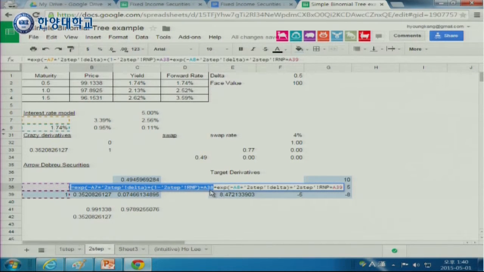A38 is 0, so this part is 0. All the important part is just this part. It's just $1. From this particular point, I calculate the Arrow-Debreu securities, which is I have to move up, so probability going up, RNP, and then because in the future I have to discount it. The price of this particular state is $1, which is A39.